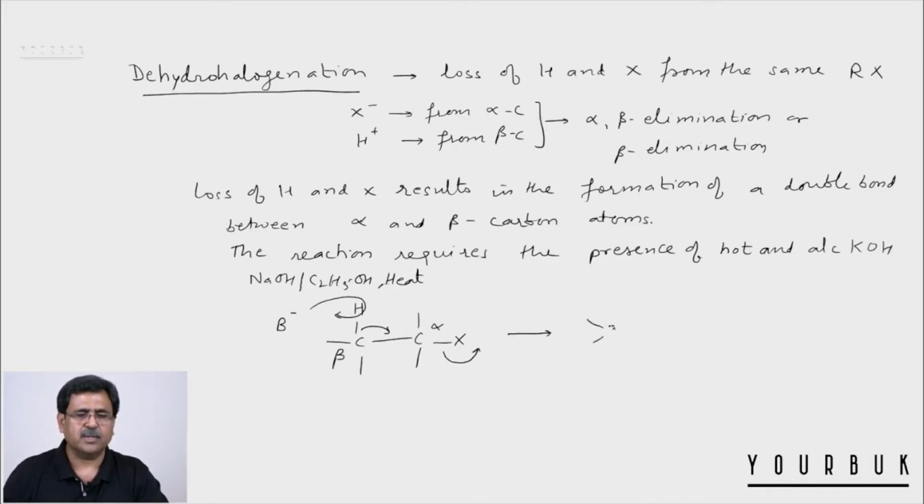So our main product is an alkene with a double bond between alpha and beta carbon, and the side products are BH and X negative. So this is elimination. Whenever you perform dehydrohalogenation, you eliminate X negative from the alpha carbon, H positive from the beta carbon, and form a double bond between alpha and beta carbon atoms.